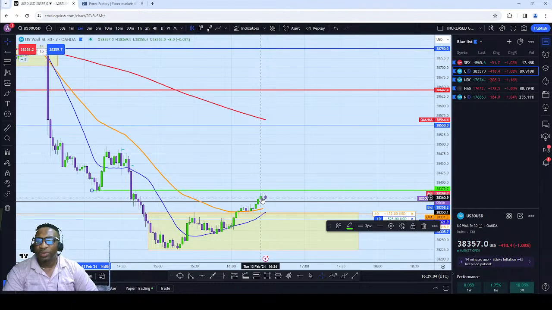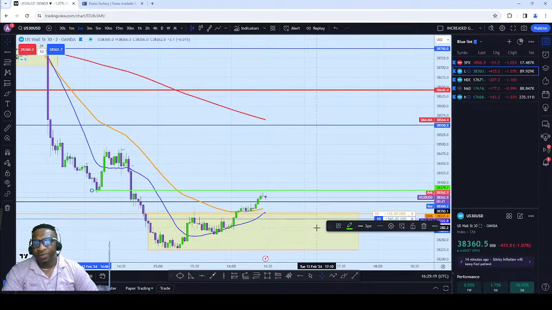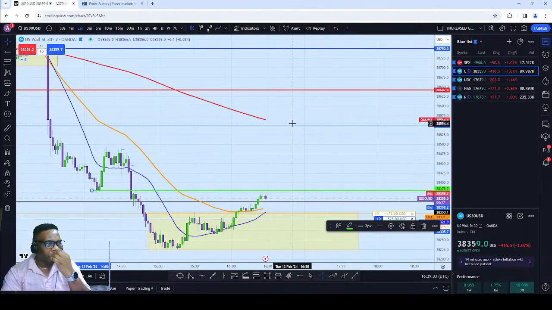We can see the doji that has formed there, and since then price is turning around. So it could be an area where you can take your profits before it goes down so much, or if you've covered yourself and you still want to hold it, you can hold it and see what happens. If it really wants to go up, it might pull back a little bit and then turn around and go.